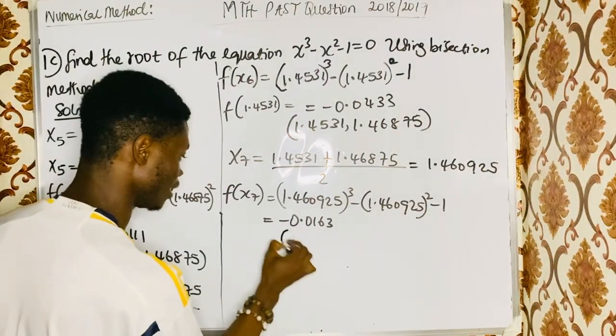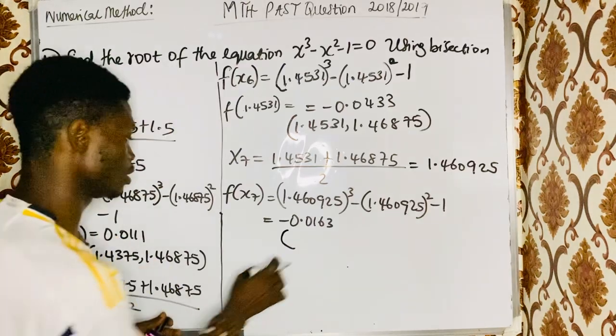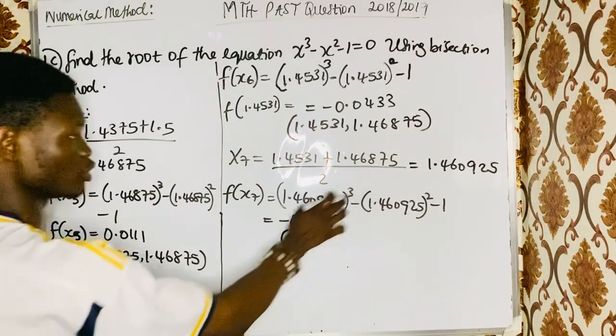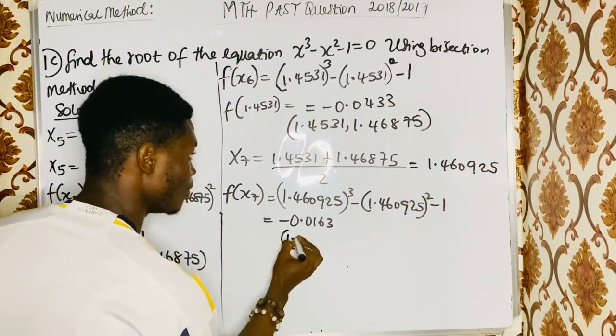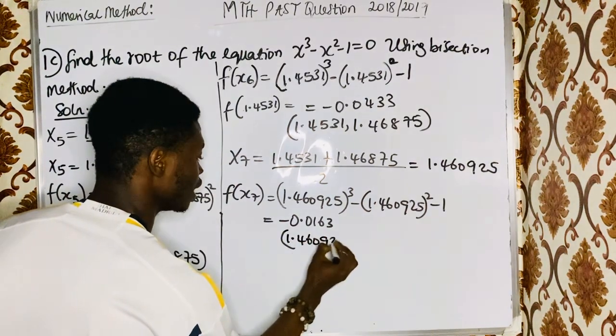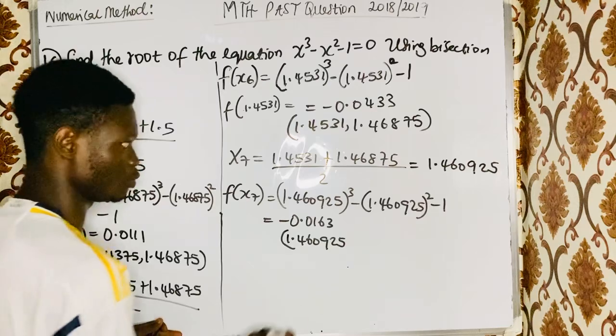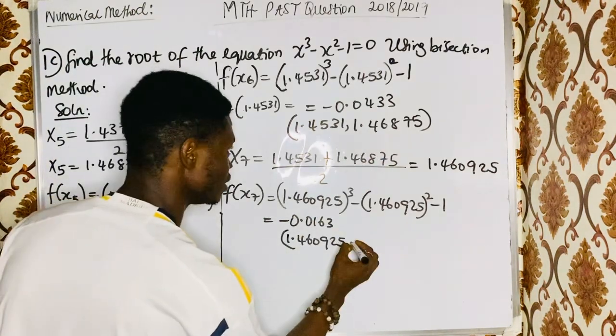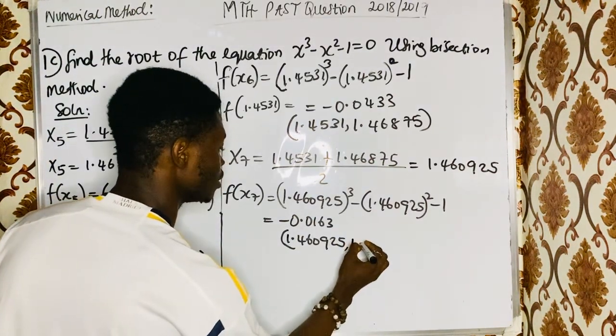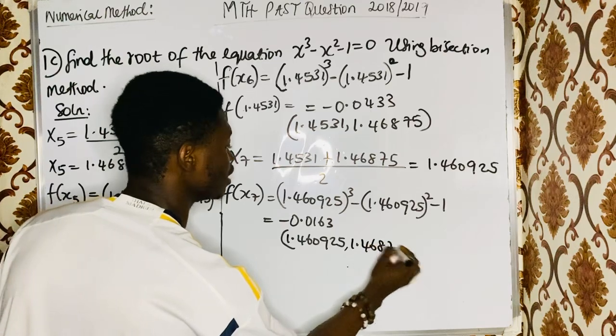So our interval will now be, since we are getting negative, what made us get this negative is 1.460925. So we are going to replace this thing with this that made it negative. Then we still keep the positive 1.46875.